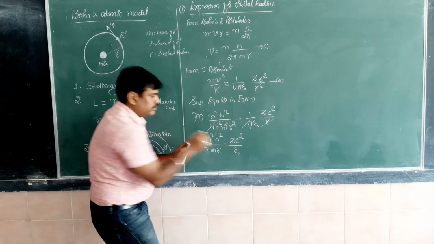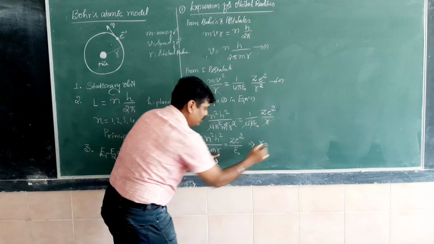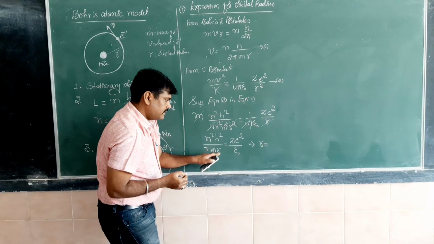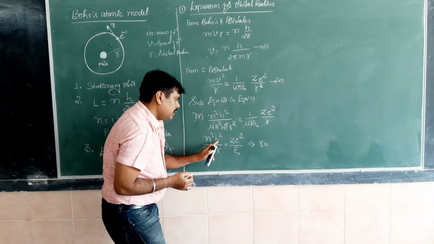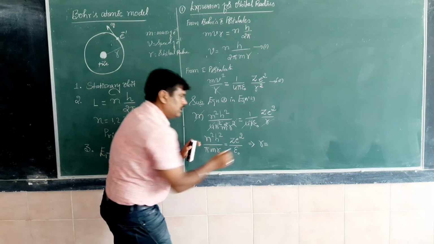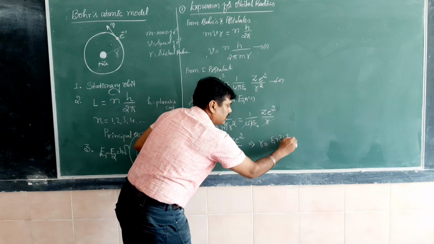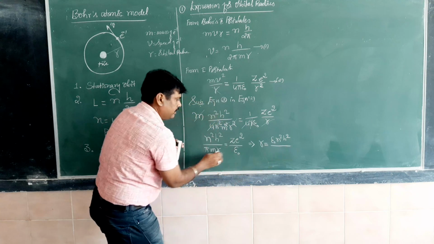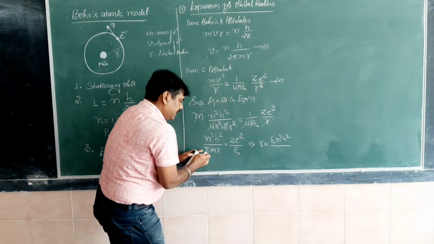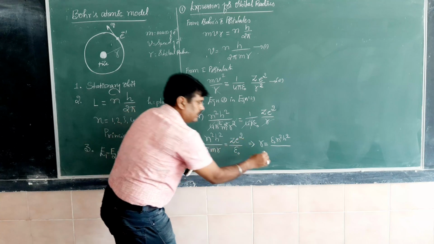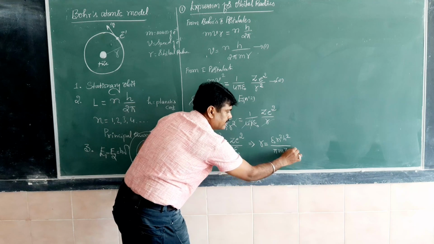So from this we get the orbital radius r is equal to epsilon naught n square h square whole divided by, if r comes here, the remaining term is pi m Ze square.